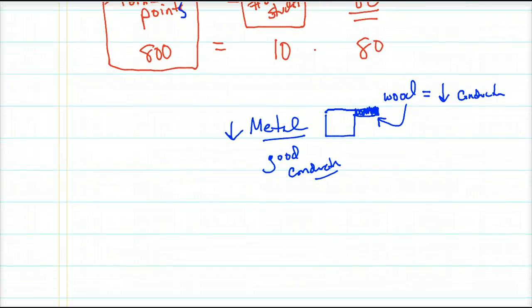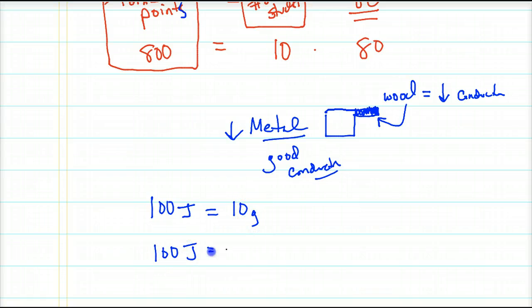It's a factor. Let me help you with this. Let's pretend we have 100 joules of energy going into a compound. Let's say the masses are 10 grams apiece, and we have a temperature change of 10 degrees Celsius. So remember, it's energy equals mass times our change in temperature.